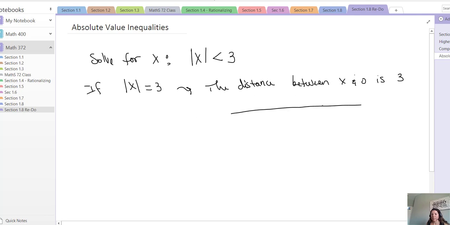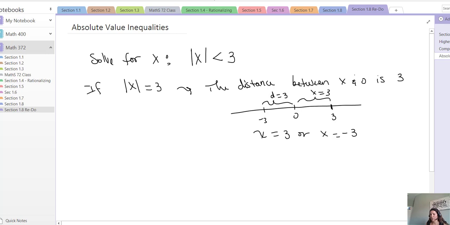So if the distance has to be 3, then you go to the right 3, so x equals 3 gives you a distance between 3 and 0 of 3, but you can also go to the left to -3 because the distance here is also 3. So x is either 3 or x is -3.